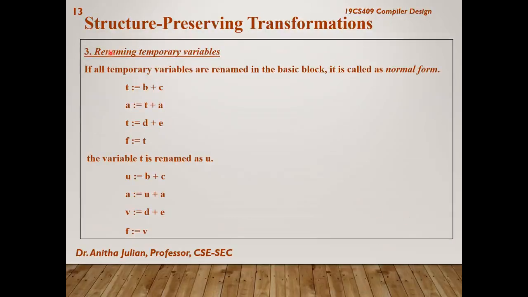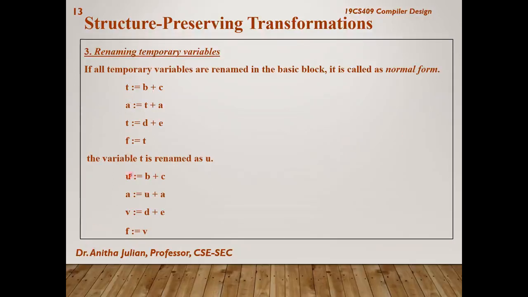Then we have renaming temporary variables. You can see in the first part of the code, T is used 4 times. So here is T, here is also T. What happens is if we have the same variable repeated, it might cause confusion in the memory. So whenever we have the same variable, we can develop the good habit of having different variables.